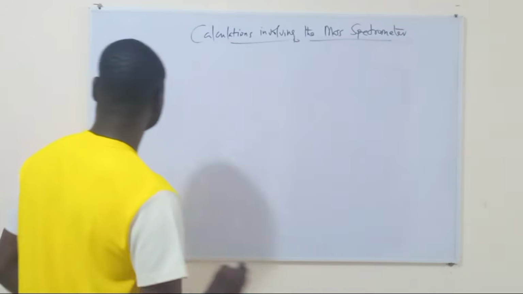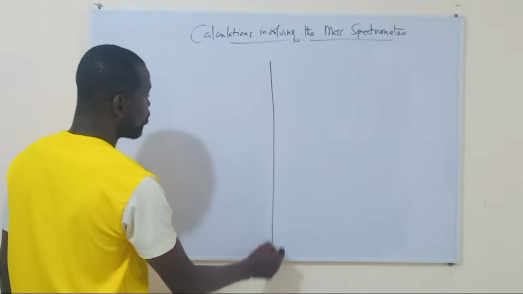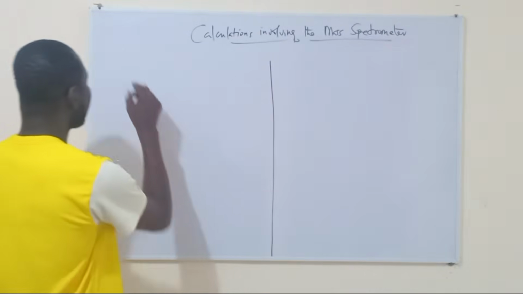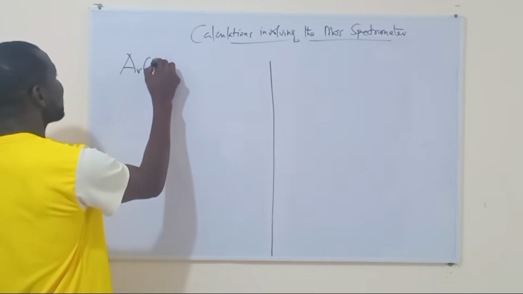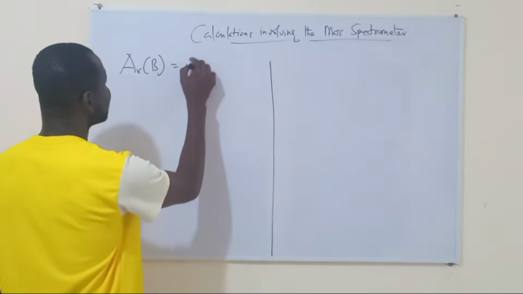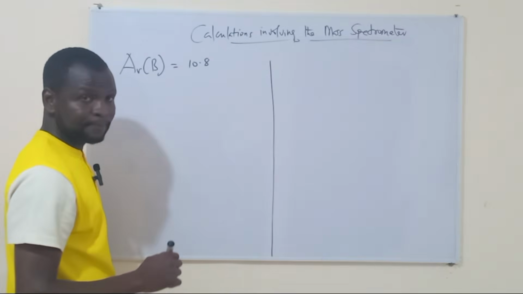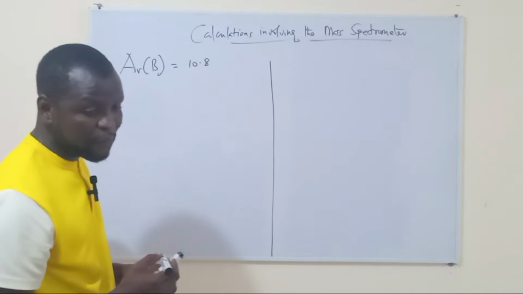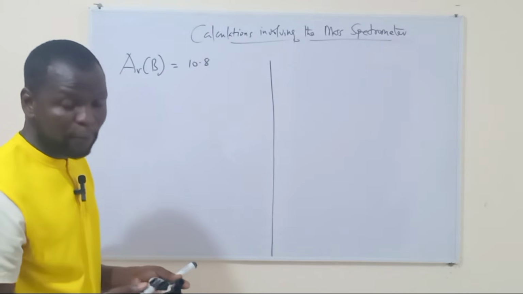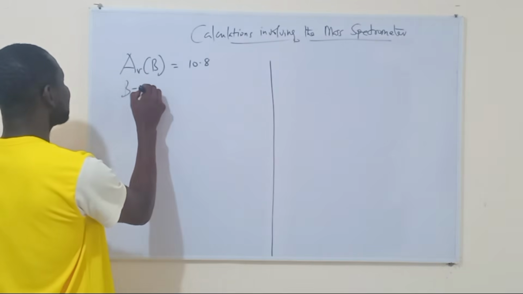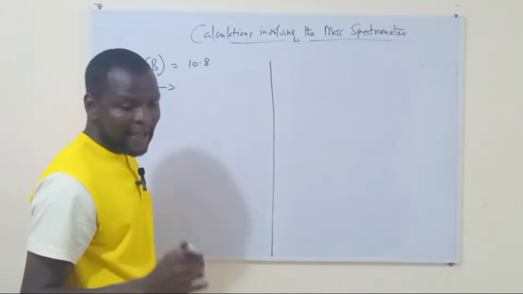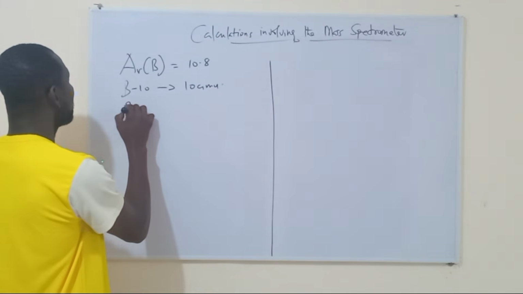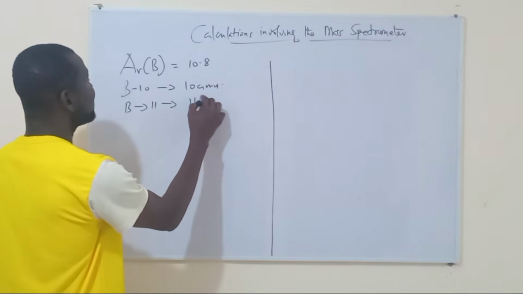So let's solve that. In our question, we're given the relative atomic mass of boron, which is 10.8. The various isotopes of boron are boron 10 and boron 11. For boron 10, the atomic mass is 10 AMU. For boron 11, it is 11 AMU.